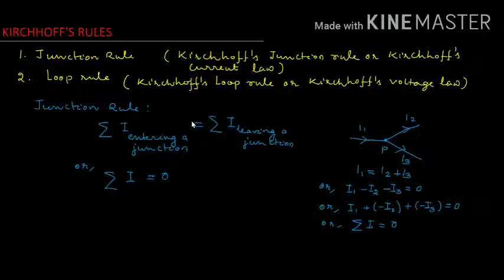So sigma I equal to 0, I is positive if I enters towards the junction P, and I is negative if I leaves the point P.